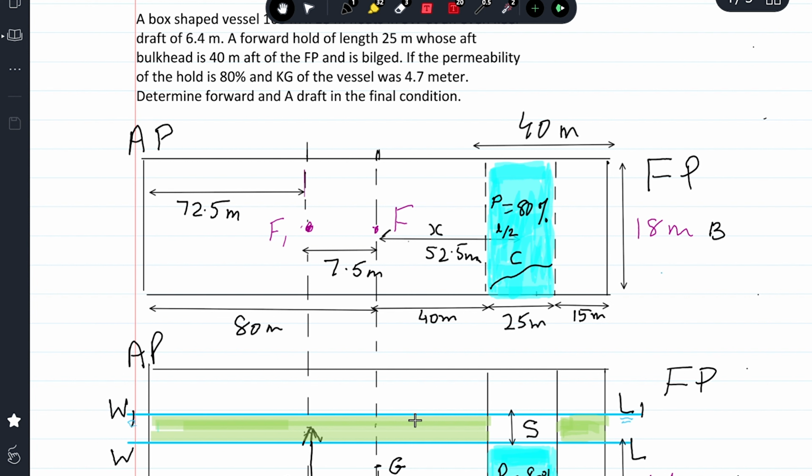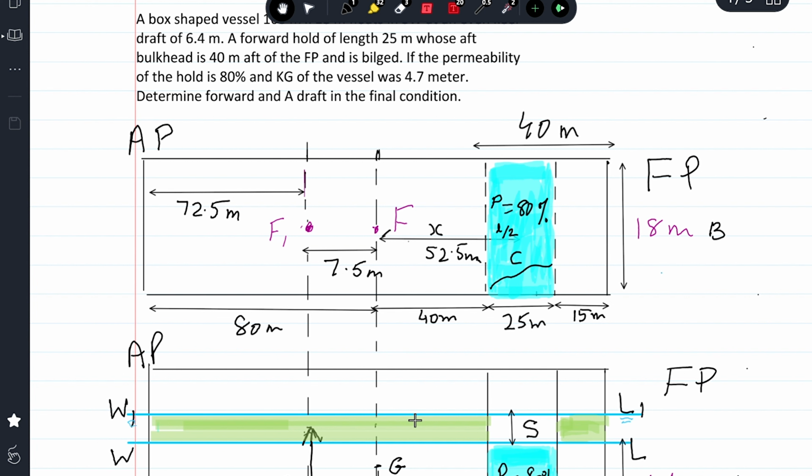So of course, if the aft bulkhead is 40 meters aft of forward perpendicular, then the remaining is another 40 meters to the center of flotation, F. And the centroid of this water plane area which is lost will be halfway, half of the length of the hole, because it's a rectangle.